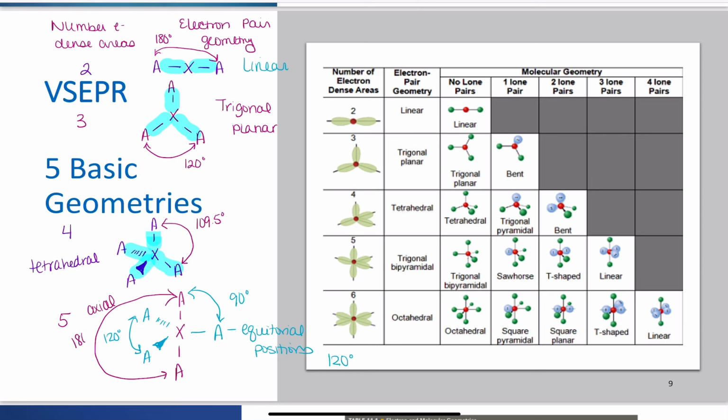Your axial are 180 degrees apart from each other. One thing you have to note here, and you have to do correctly, if you have lone pairs, they will occupy equatorial positions.